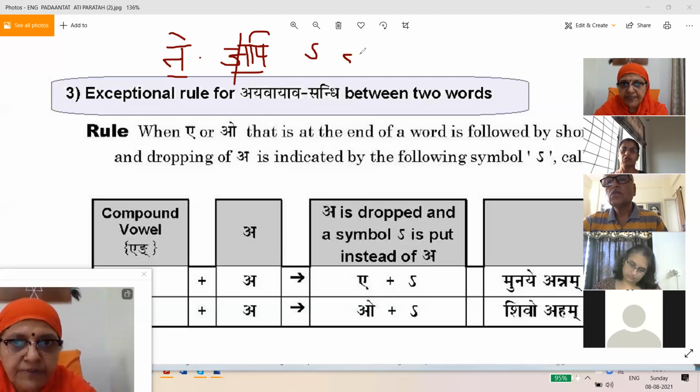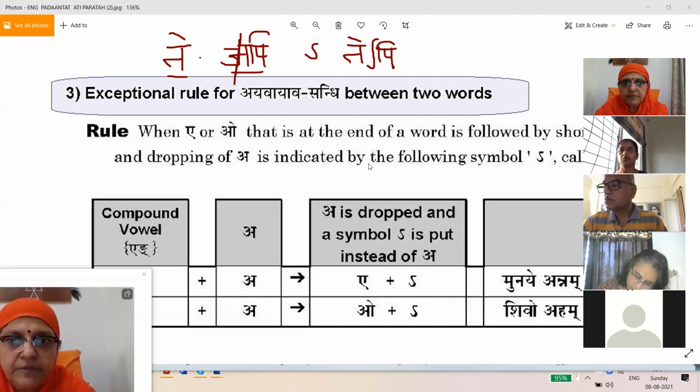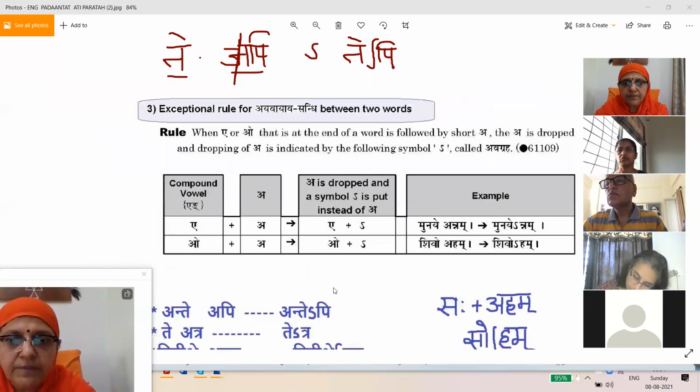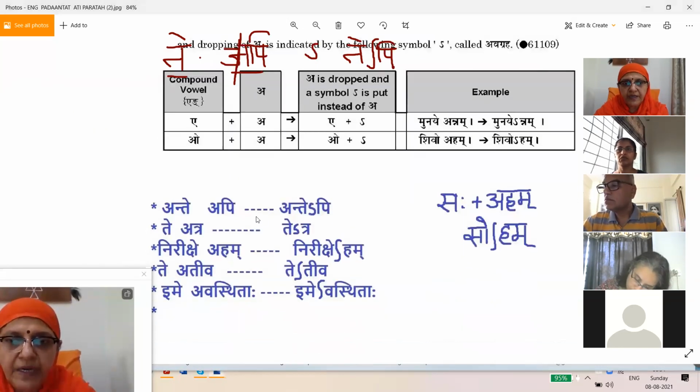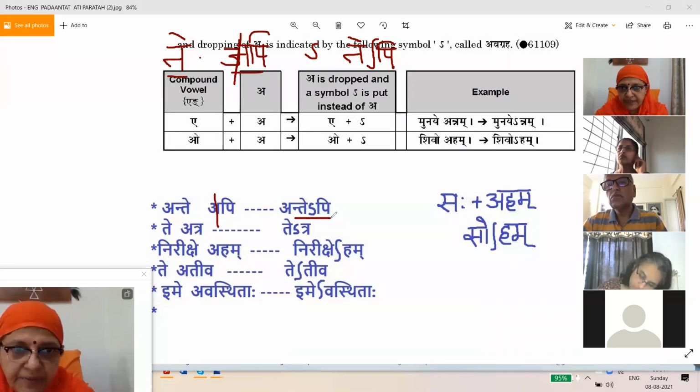So we have to write te as it is, and for this elided akara, we have to put a sign like this, like a capital S. Te-pi. Some examples I have put here. Ante api: here a is elided.